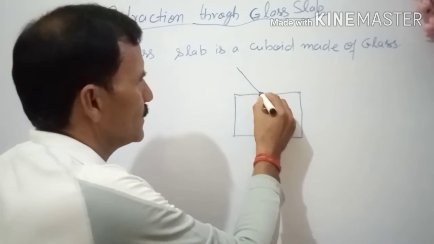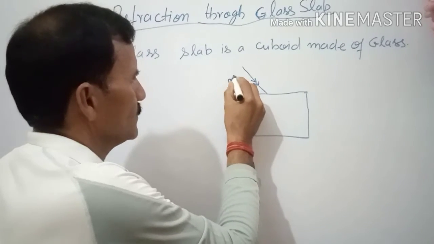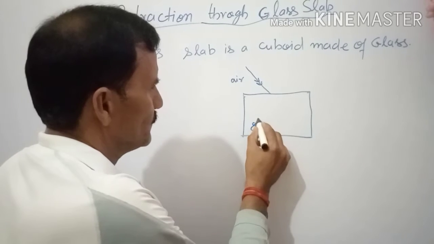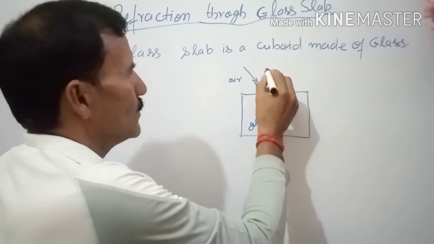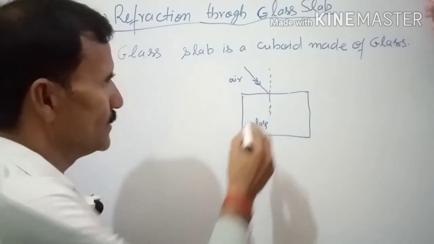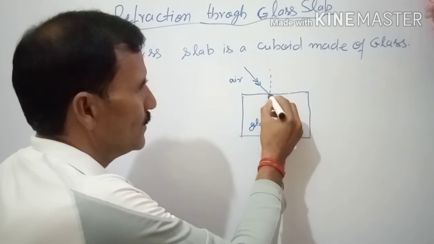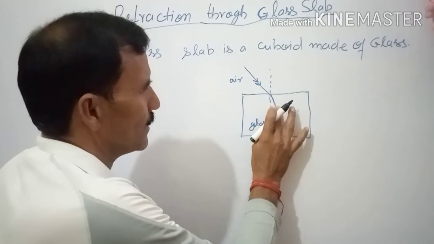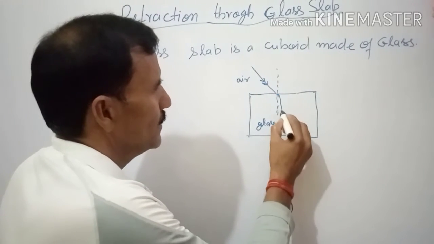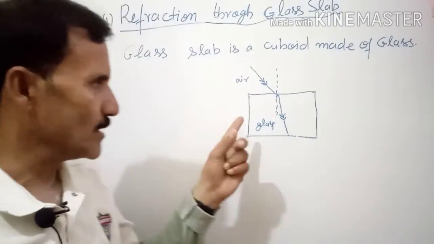Suppose light enters from here, so this is air and this is glass. Air is the rarer and glass is the denser medium, so it bends towards the normal. Why? Because it is entering from a rarer medium to a denser medium.